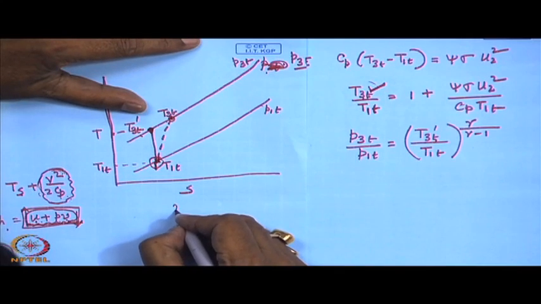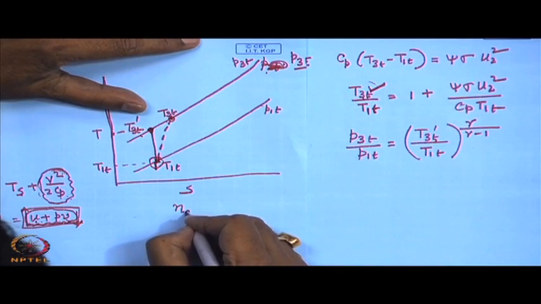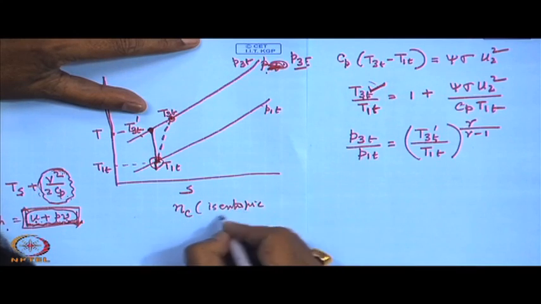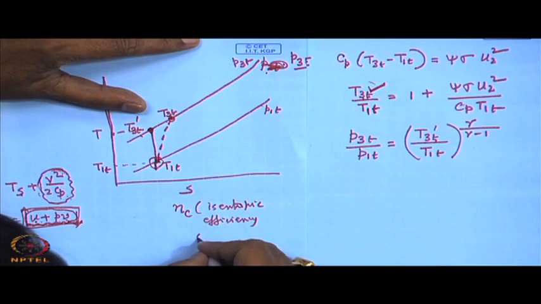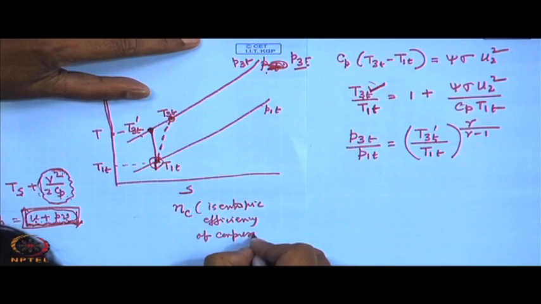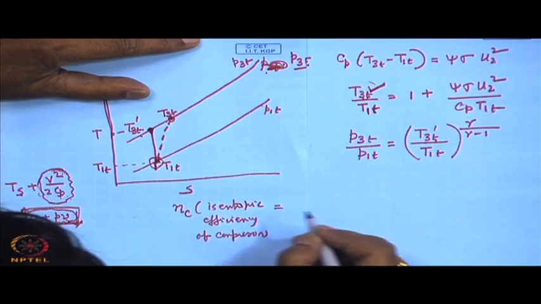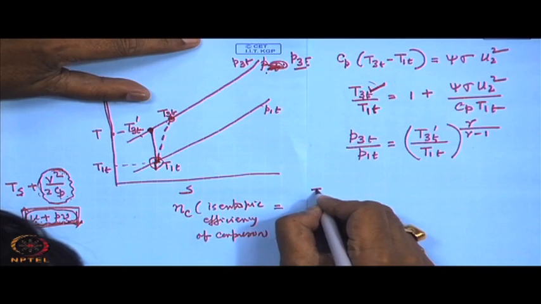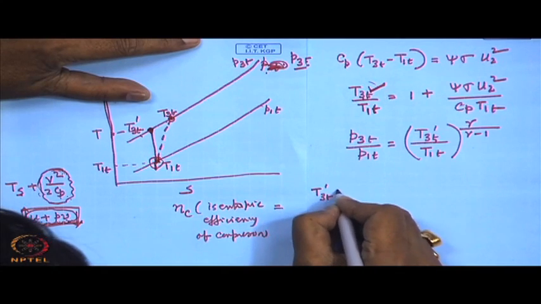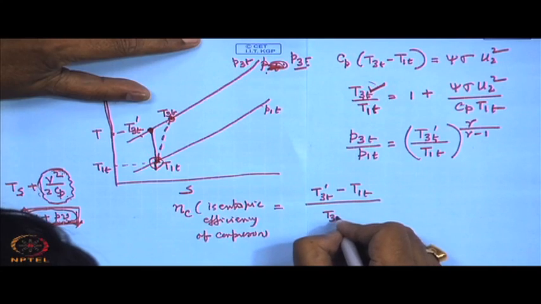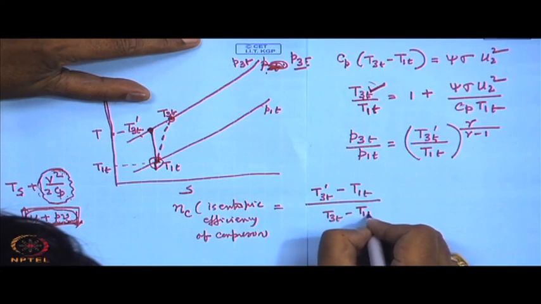Here we define a terminology known as isentropic efficiency of compression, which is defined as the ratio of these two temperatures: T3T dash minus T1T divided by T3T minus T1T.